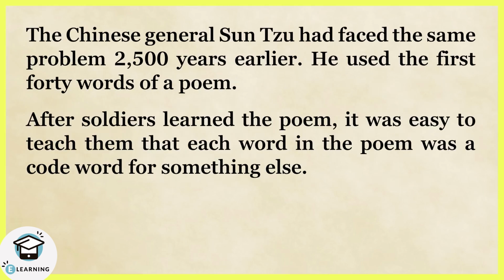The Chinese general Sun Tzu had faced the same problem 2,500 years earlier. He used the first 40 words of a poem. After soldiers learned the poem, it was easy to teach them that each word in the poem was a code word for something else.